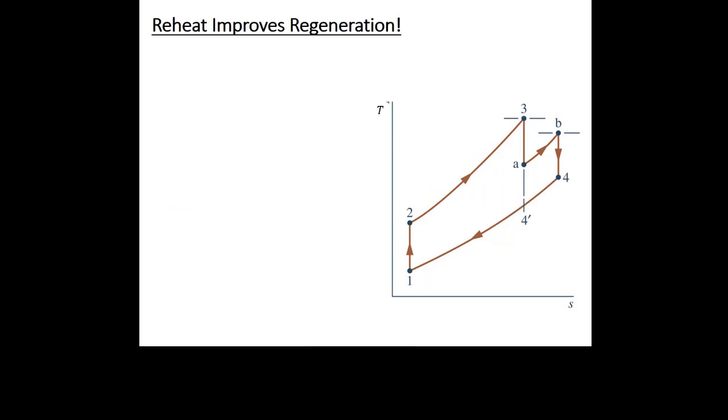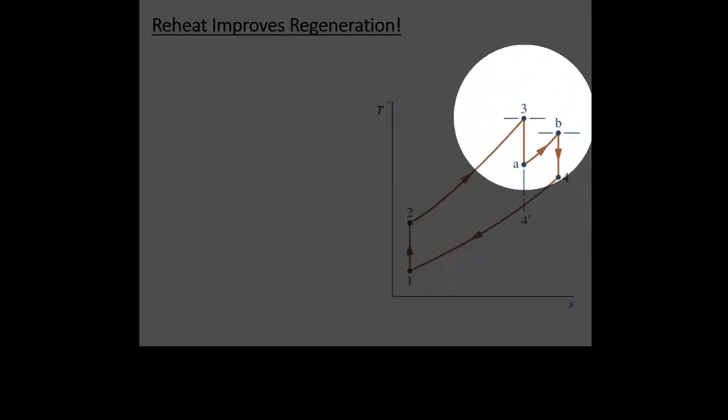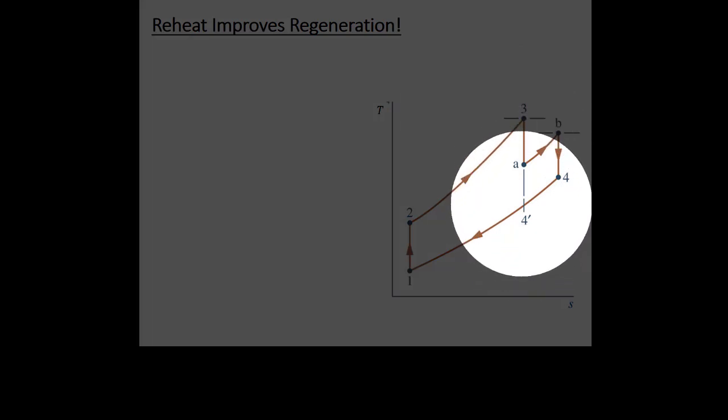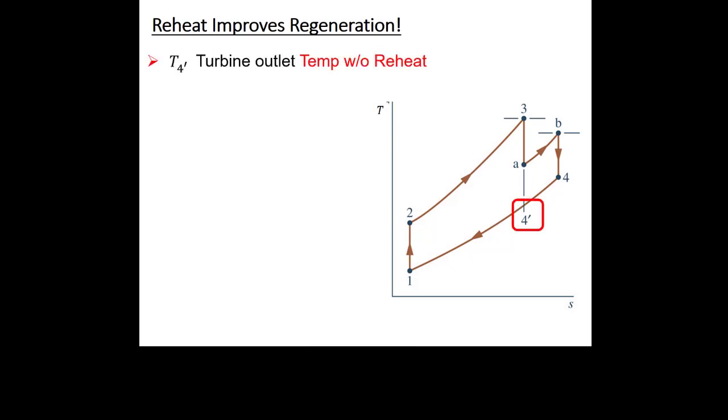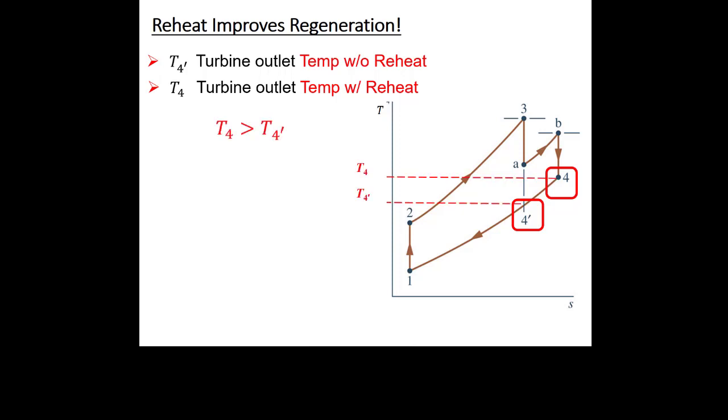The cool thing here is that doing reheat improves regeneration. Because what happens here is without reheat, my exhaust temperature is 4 prime. But with reheat, my exhaust temperature is higher. Normally you'd think, well, that's bad because I'm just expelling that heat out to the environment. But we're actually going to reclaim some of that heat. So because reheat gives us a higher exhaust temperature, it means we can preheat the fluid more before it goes into the combustor.